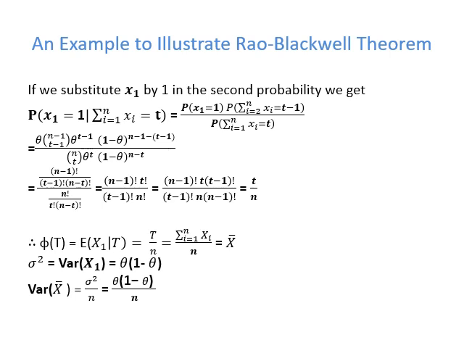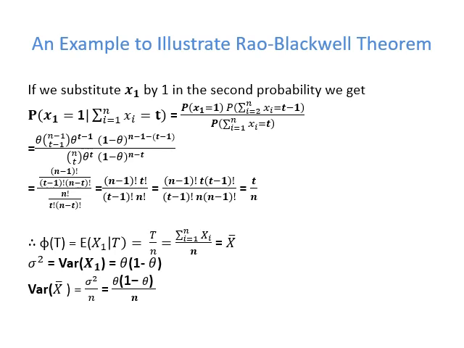So all the terms which involve theta or 1 minus theta will cancel with each other in both the numerator and denominator. We will be left with the term n minus 1 choose t minus 1 in the numerator, and in the denominator we will be left with the term n choose t. So we want to simplify these two terms together. We are going to use the factorial.